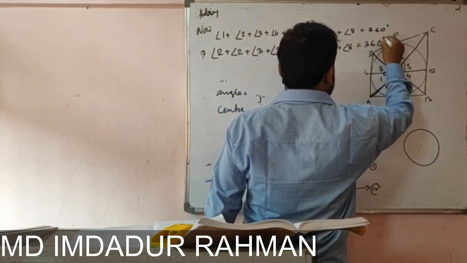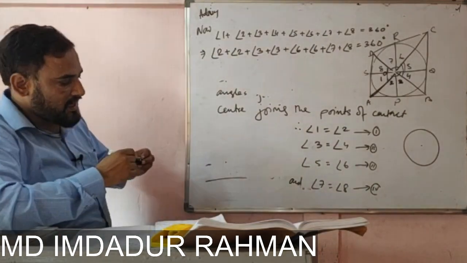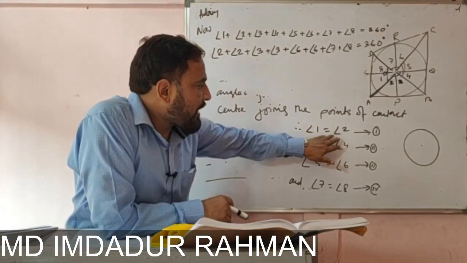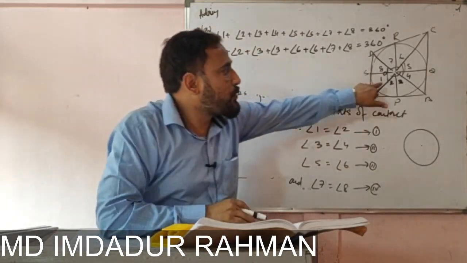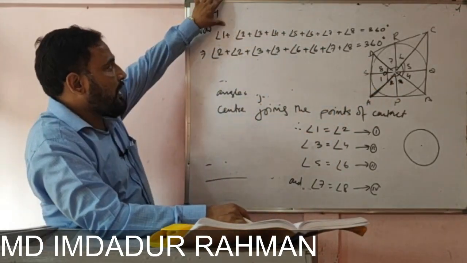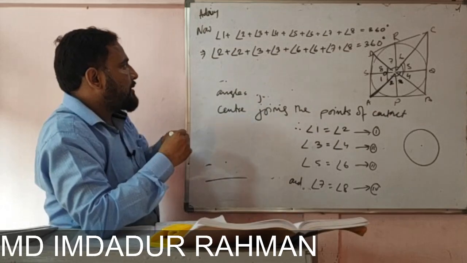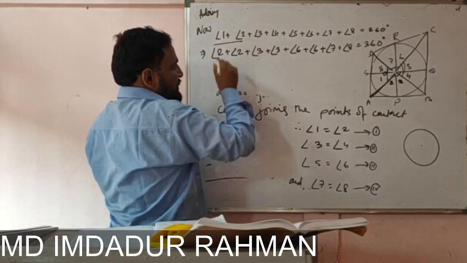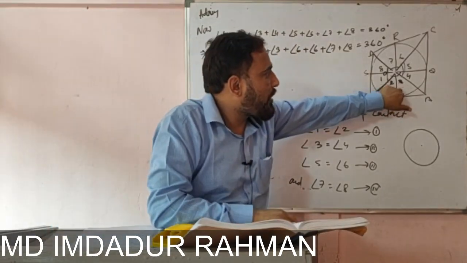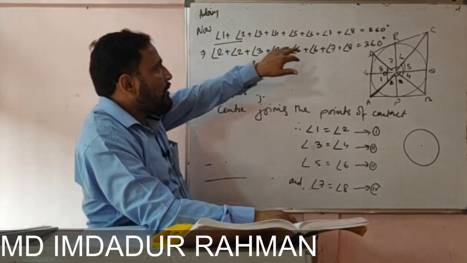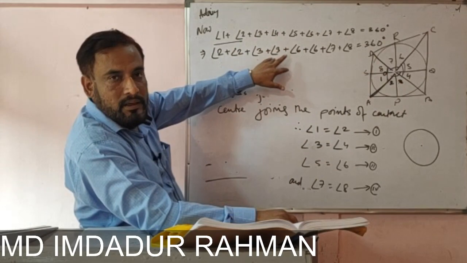360 degrees. You see again, in place of 1 we can write 2. We need 2, 3, so in place of 1 we have written 2. Now 3, 4 we do not need 4, so 4 is replaced by what? 3.